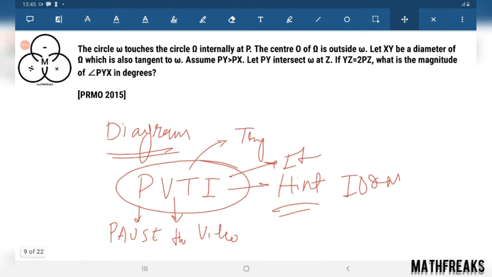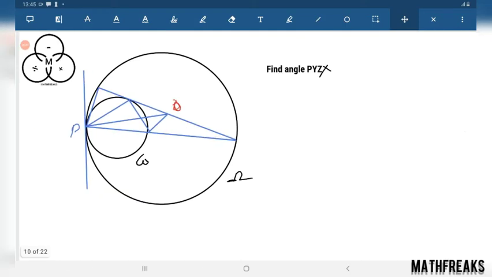Let XY be the diameter of omega, which is also tangent to omega. PY is greater than PX.